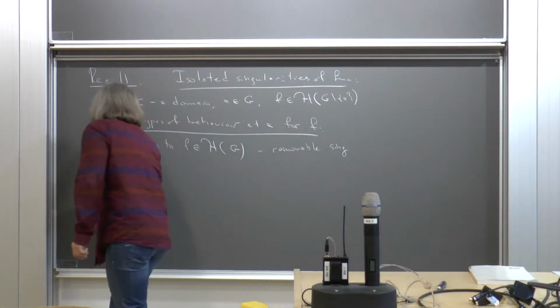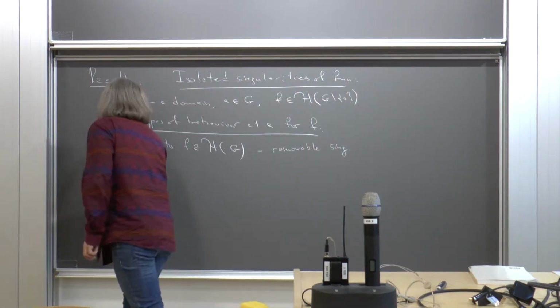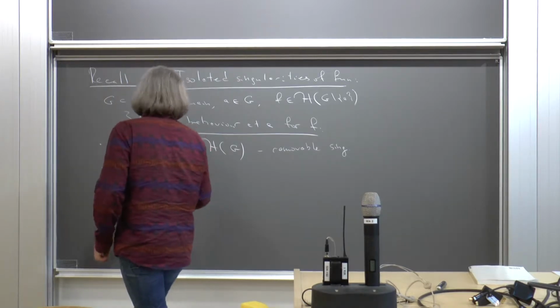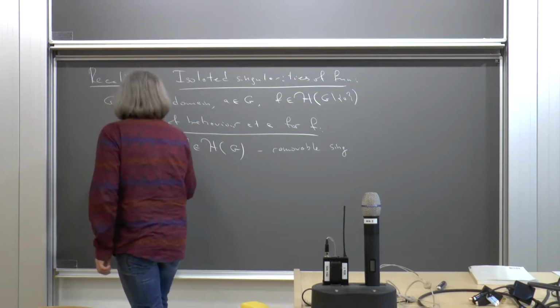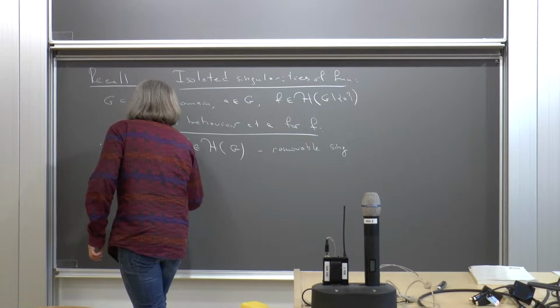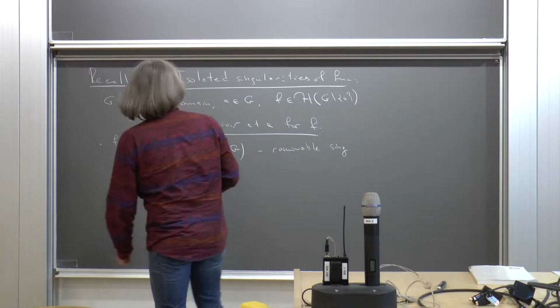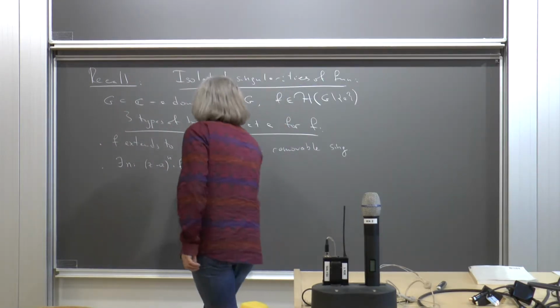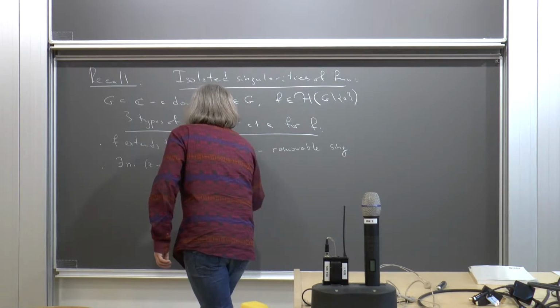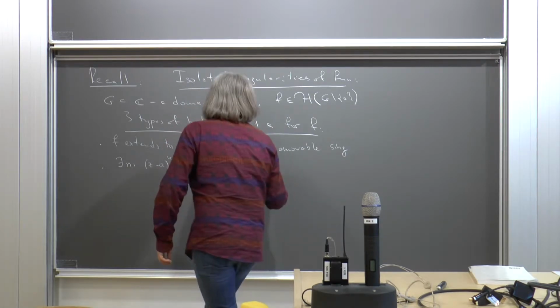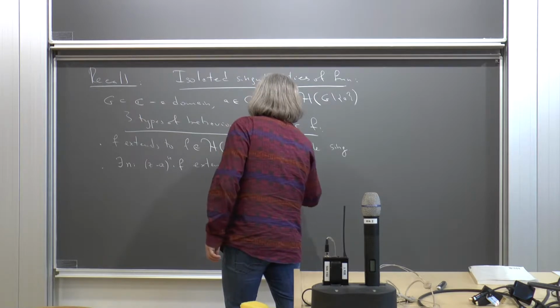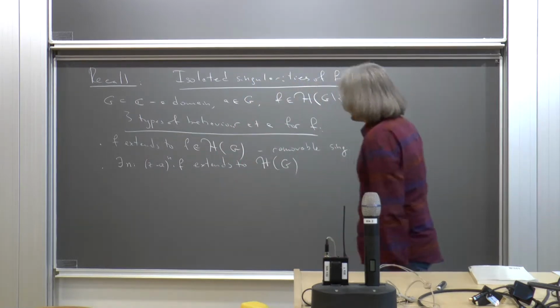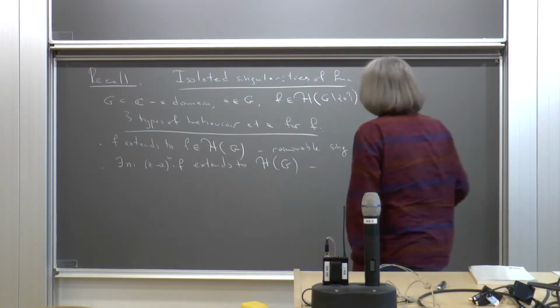Second, F does not, but there is a power n such that z minus a to the power n times f extends to a holomorphic function on the whole G. In this case, this is called a pole.